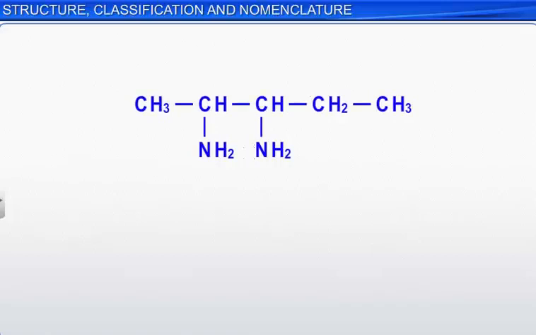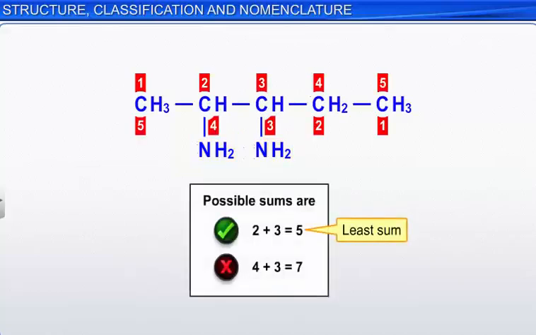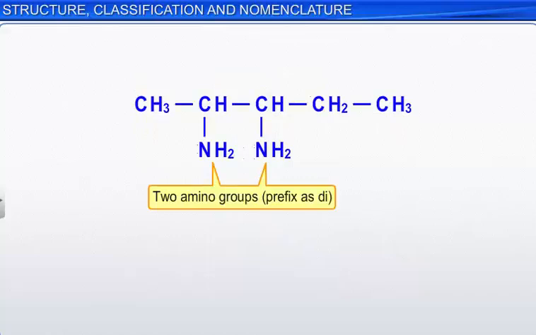If the compound has more than one amino group present at different carbon atoms in the chain, then the numbering should be done in such a way that the sum of the locants is the least. Depending on the number of amino groups present, a suitable prefix such as di or tri is attached to the amine.